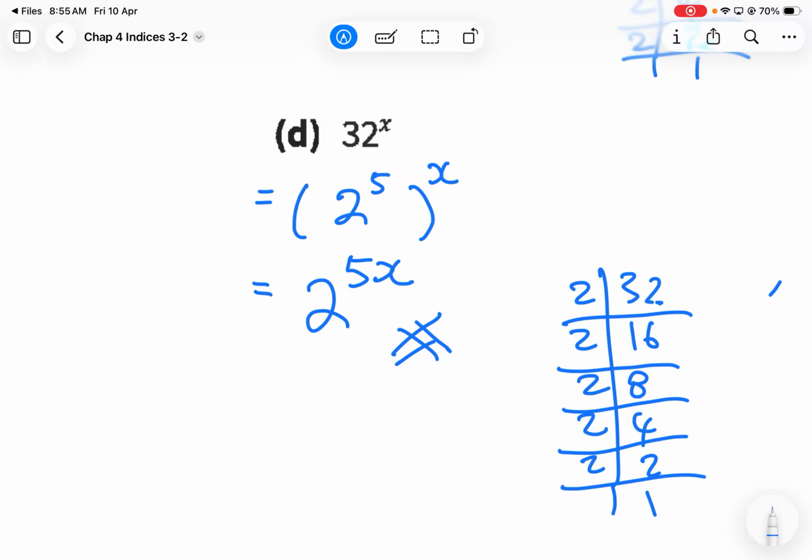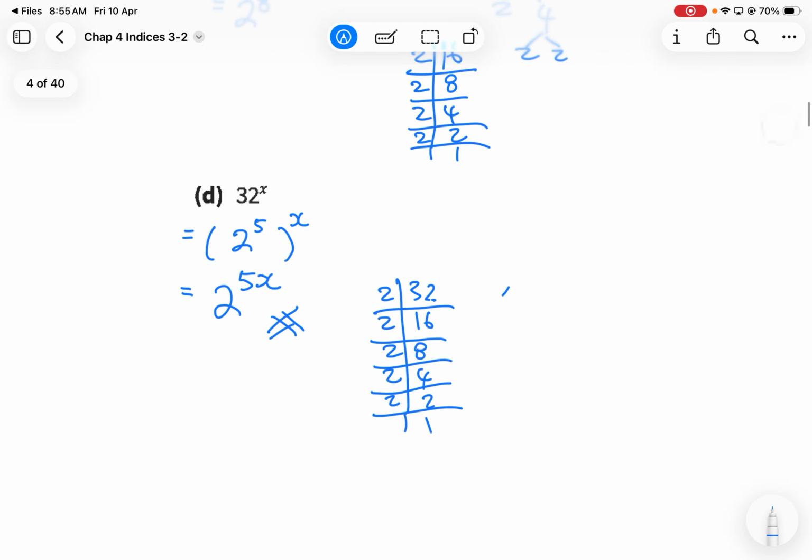You don't understand. 32. I want to break down 32 to the prime factors. This one Sec 1 we learned before. So if I want to break down 32 to the prime factor, I keep dividing by prime numbers. So the prime numbers are 2, 3, 5, 7, 11, 13, 17. So like that correct, right? Yes.